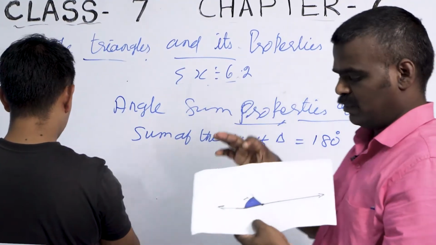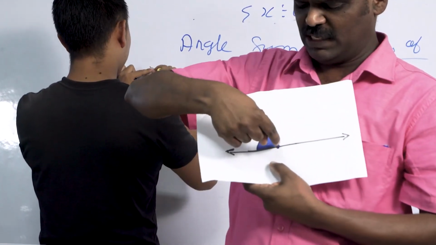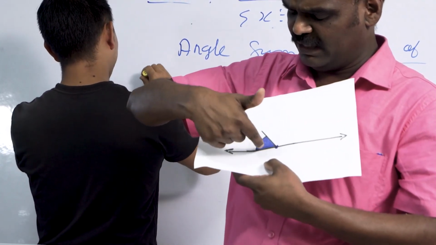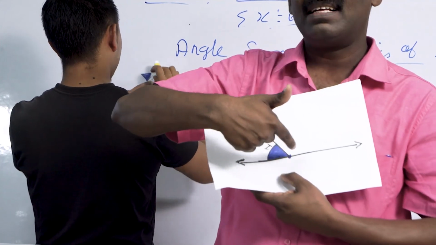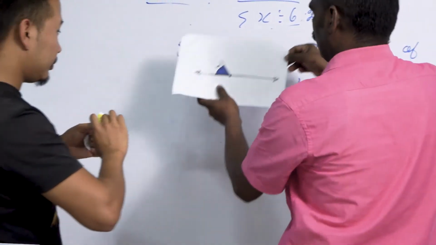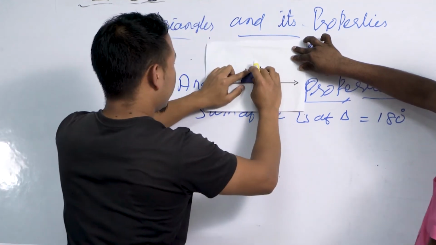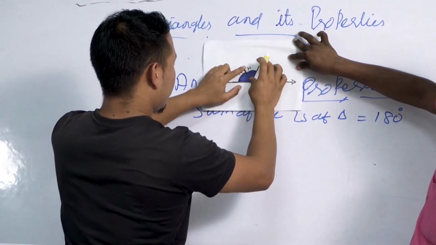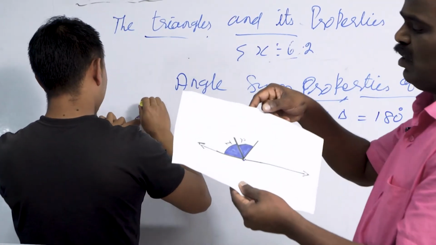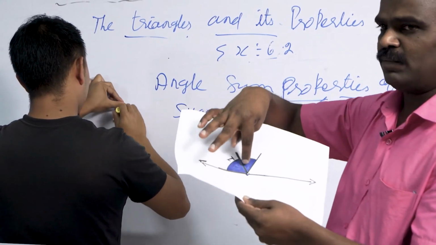He pasted the pointed one at the center, and one side of the angle is exactly on the straight line. Okay, let us see another one. Can you paste another one without any gap? Yes. So the second one also he pasted. There is no gap between them.